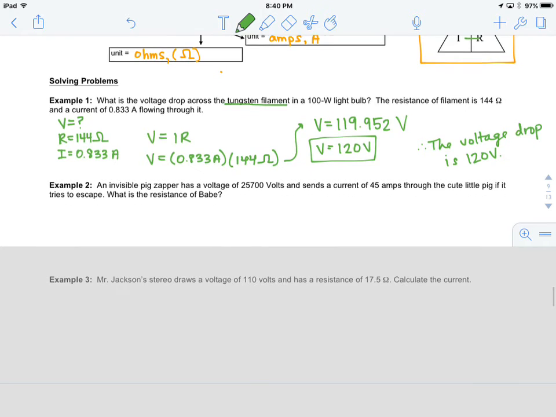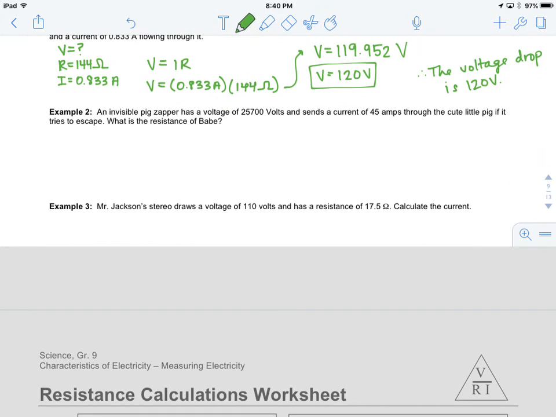Example number 2 is very, very similar. An invisible pig zapper. I don't know what a pig zapper is, but it's what this question is about. An invisible pig zapper has a voltage of 25,700 volts and sends a current of 45 amps through the cute little pig if it tries to escape.